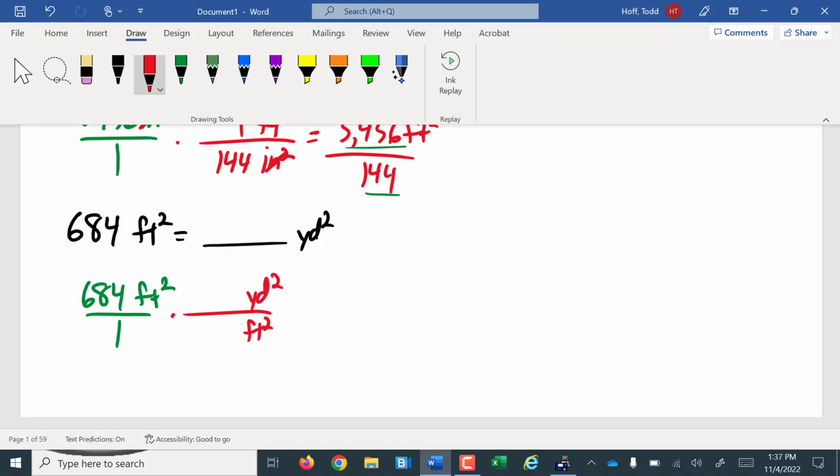The relationship? Three by 3 or 9. There we go. So then on top, 684 times 1 yard squared. On bottom, 1 times 9 is 9. And we divide that out to get, what is that, 76? Yeah. Perfect.